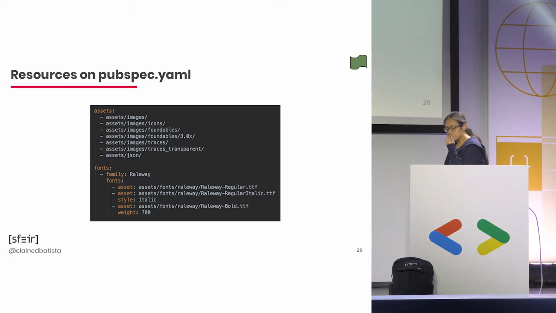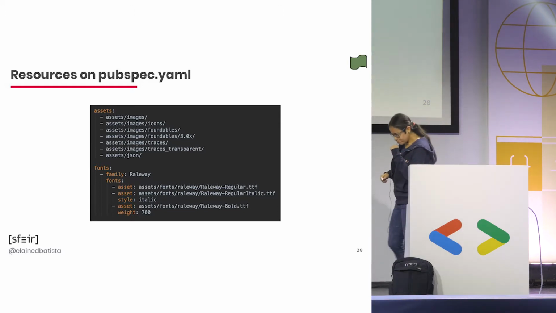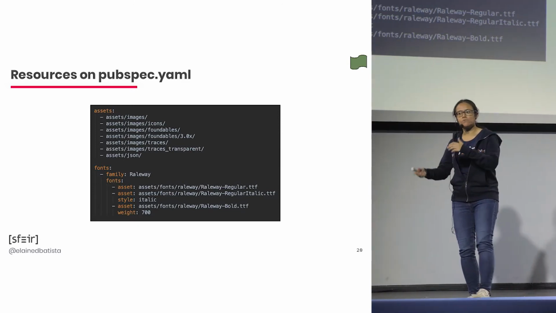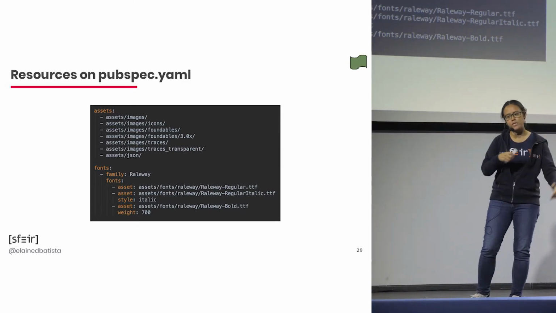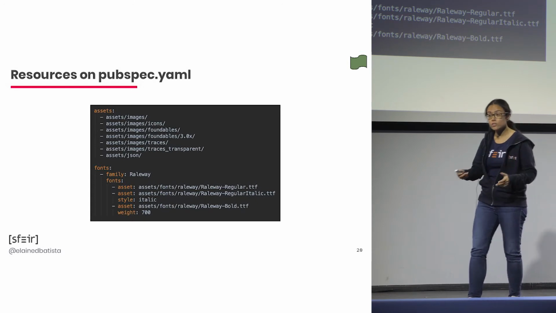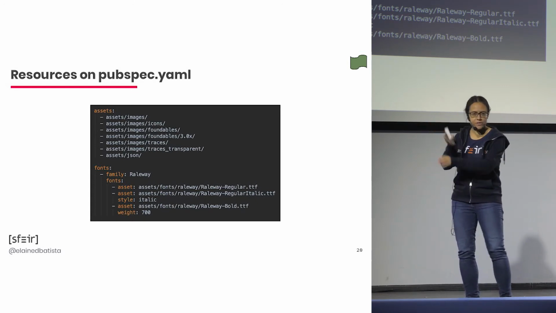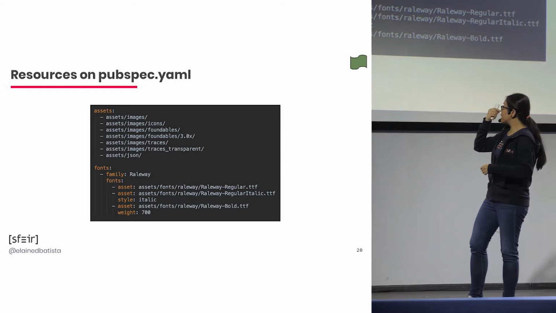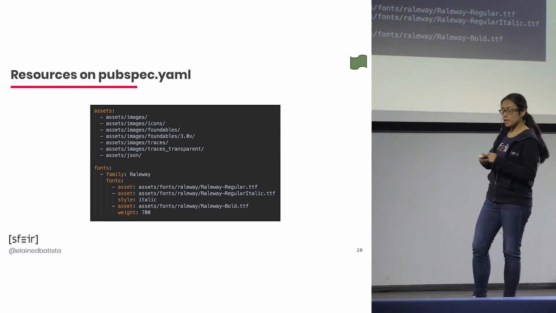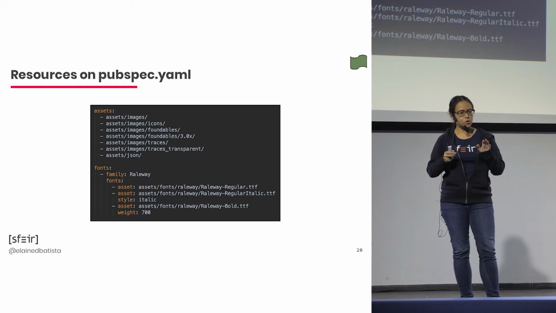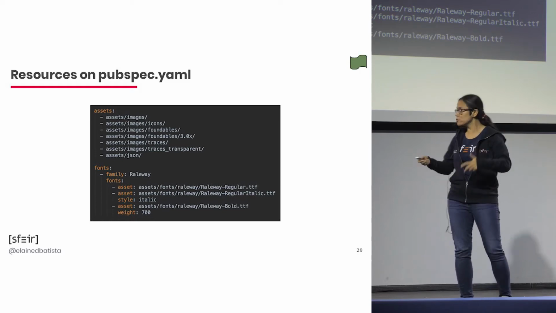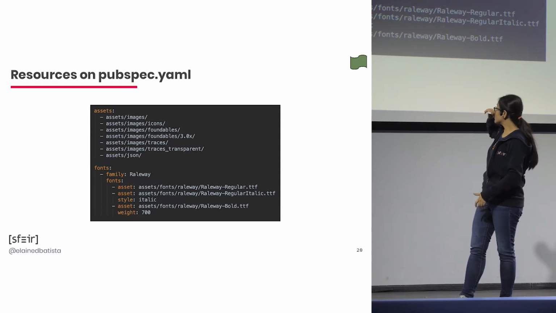What about resource management? Again, as an Android developer, you have all your resources in XML files: your assets, your fonts, your strings, your styles, your dimensions, your colors. They're all separated very nicely into folders and files. On Flutter, you have this pubspec.yaml file where you put all of the dependencies I showed before, the external libraries, and some other resources too.